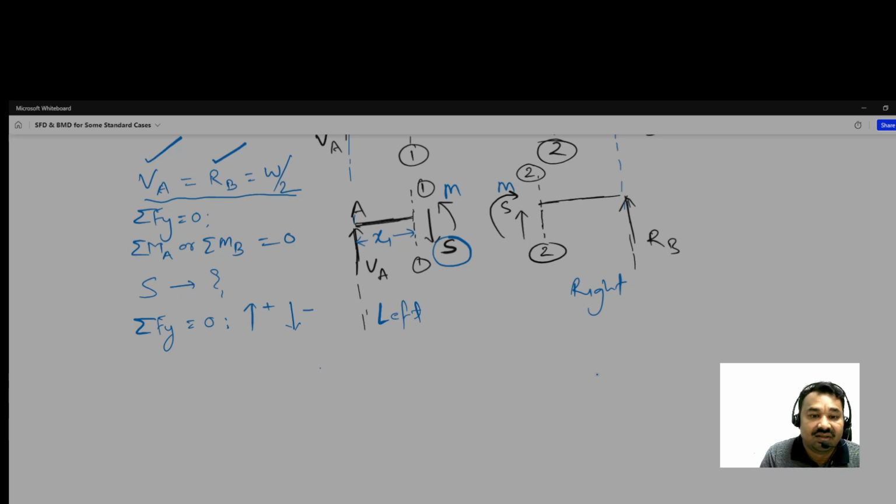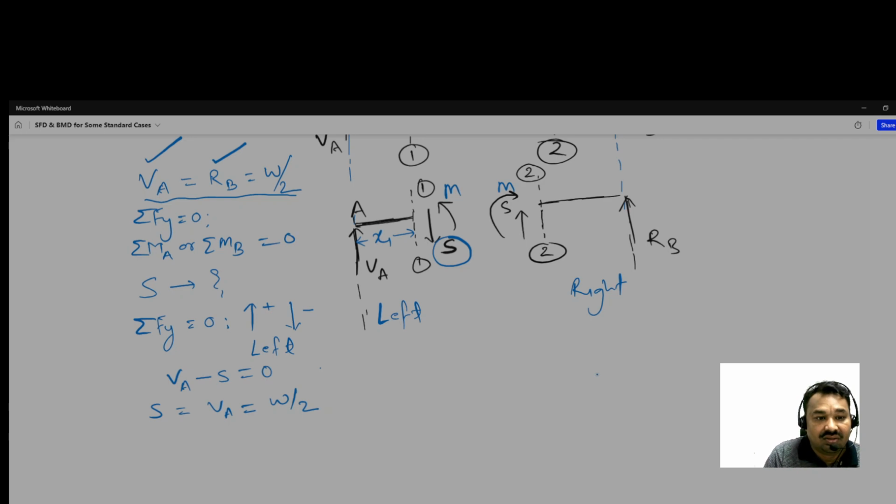So as per this, VA with positive sign and minus S is equal to 0, and S is then our VA, and VA is our W by 2. Okay, and this is for the left side.